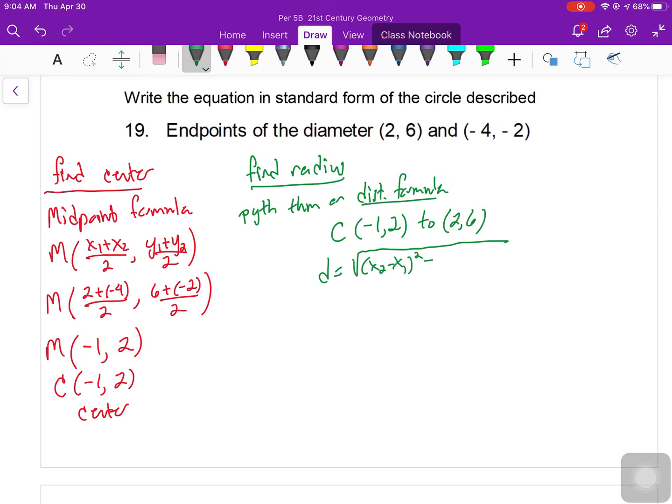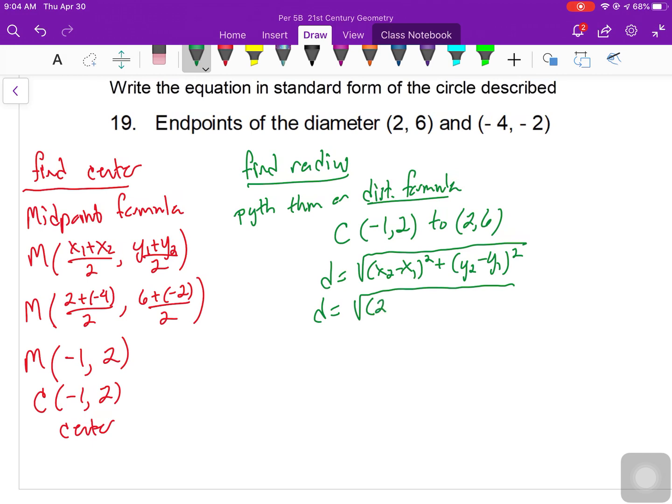So the distance would be the square root of x2 minus x1 squared plus y2 minus y1 squared.